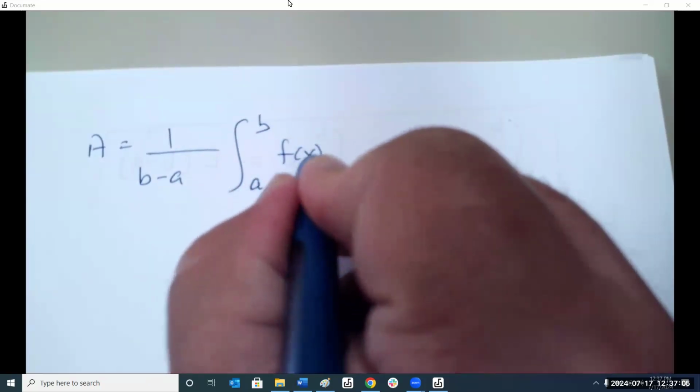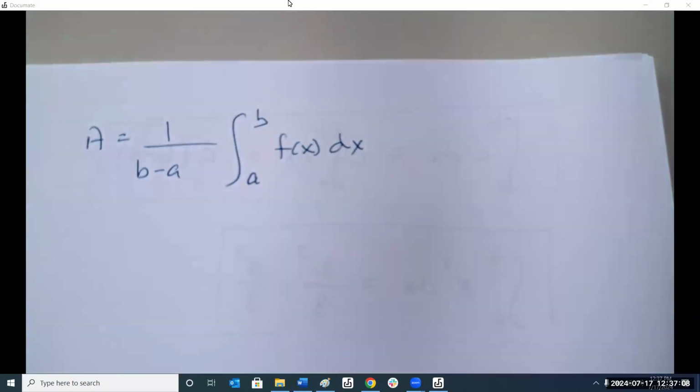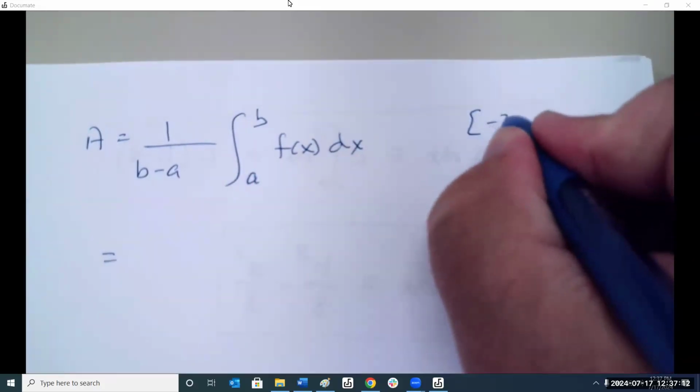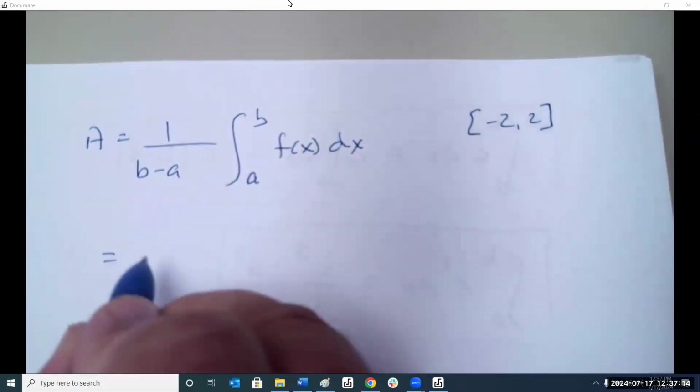The mean value. So ours is, remember, on the interval from -2 to 2.